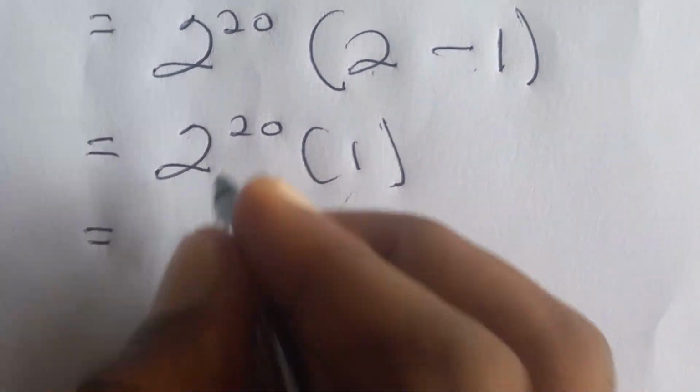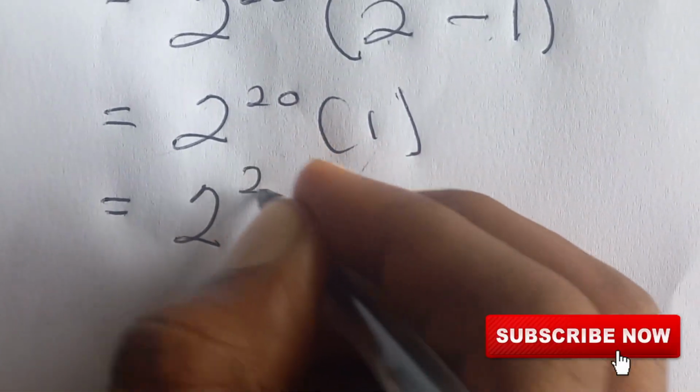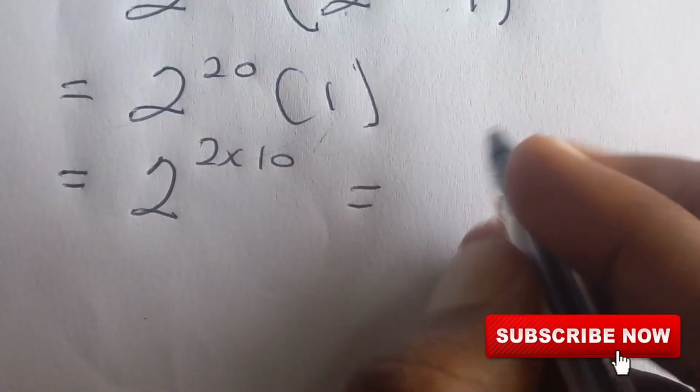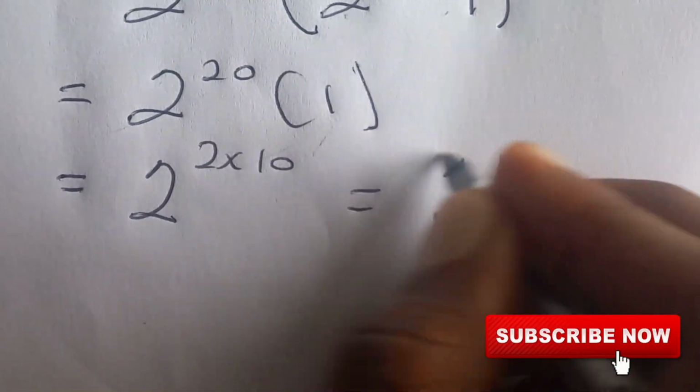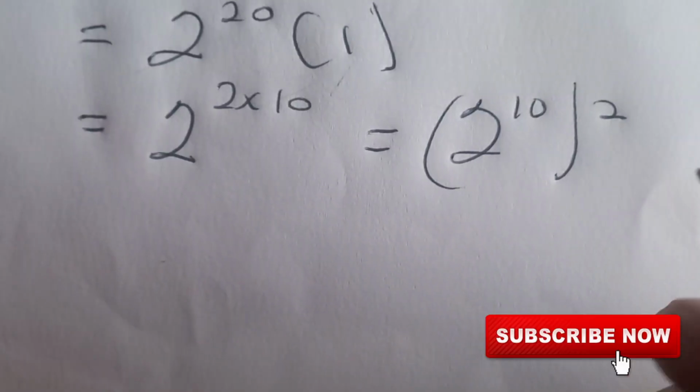So from here, this 20, we can say that is 2 times 10, which is equal to 2 exponent 10 in brackets 2, like this.